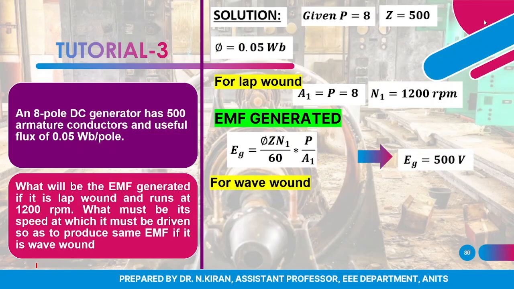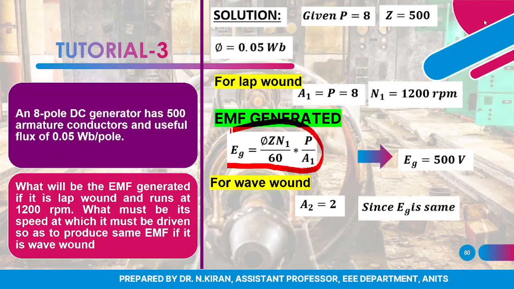Next, in the second case, we are considering wave wound. So for wave wound, A is nothing but 2, and it is also given that the generated EMF is the same. So according to this formula, if EG is the same, so EG is constant, phi, Z, P, 60 are all constants.